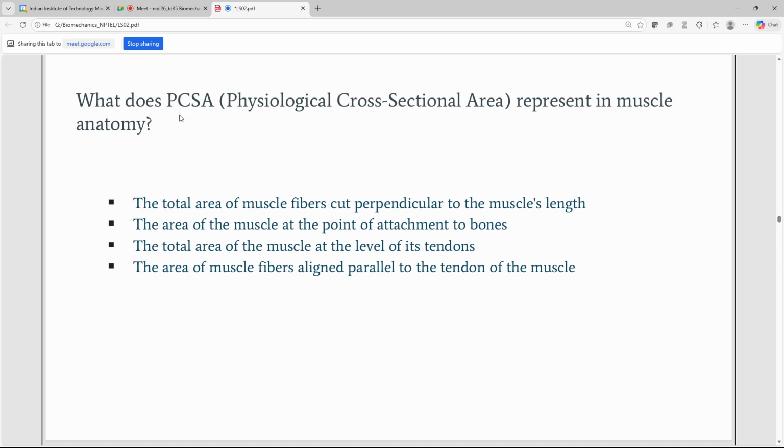Next question. What does PCSA, that is the physiological cross-sectional area, represent in muscle anatomy? Options are the total area of muscle fibers cut perpendicular to the muscle's length, the area of muscle at the point of attachment to the bones, the total area of muscle at the level of its tendons, or the area of muscle fibers aligned parallel to the tendon of the muscle.